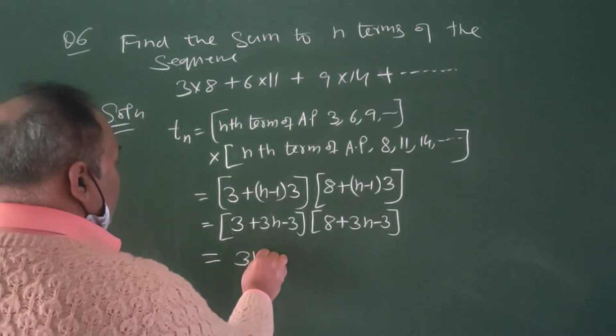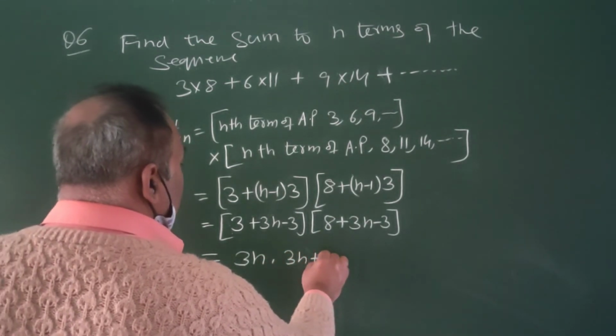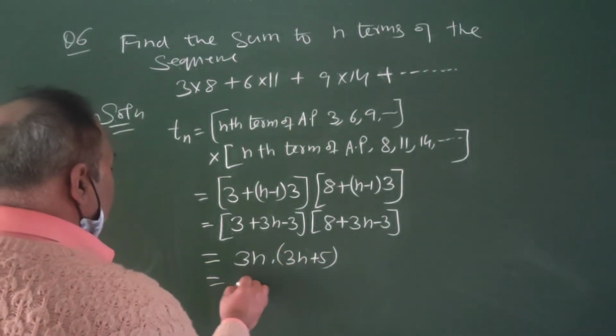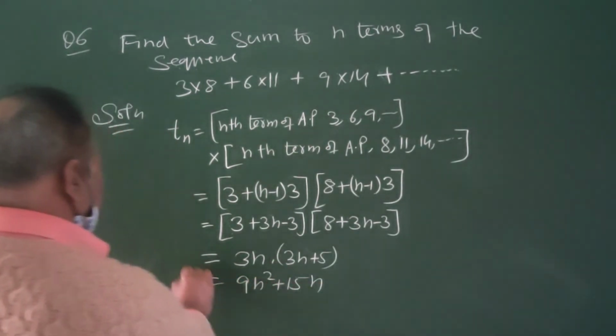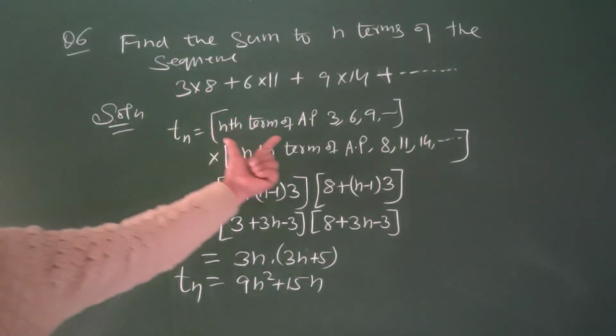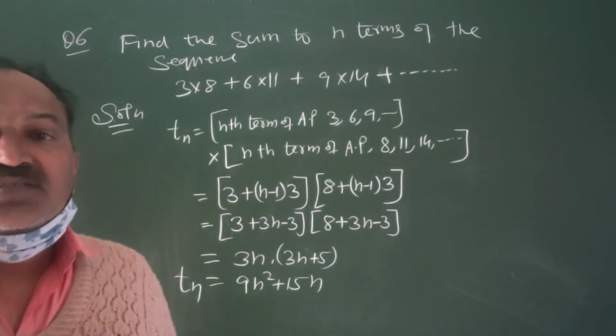Therefore, it is 3n into 3n plus 5. Hence, it becomes 9n square plus 15n. This will be the nth term of this sequence.